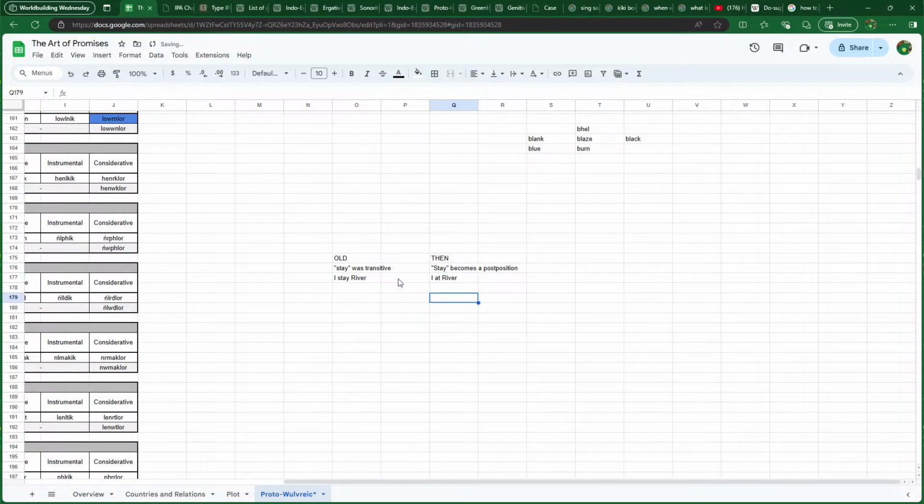But stay cannot mean stay and at; it's got to be one or the other. So what they do is stay becomes intransitive and at stays a postposition.